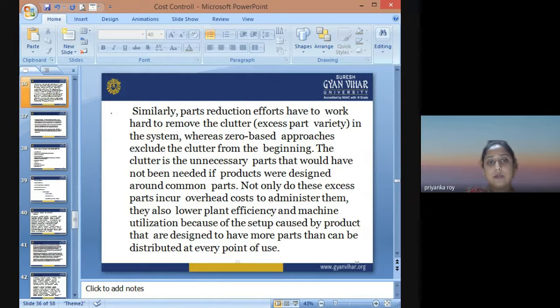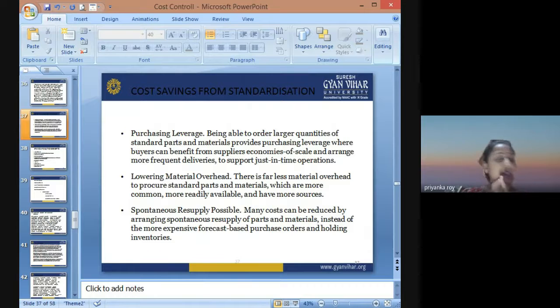In the system where the zero-based approach excludes the clutter from the beginning, the clutter is the unnecessary part, or that which is not required. So basically, in this approach you are removing the unnecessary collection or gathering of equipment and resources. You are just utilizing what is needed and how much is needed. So that is zero-based cost control.